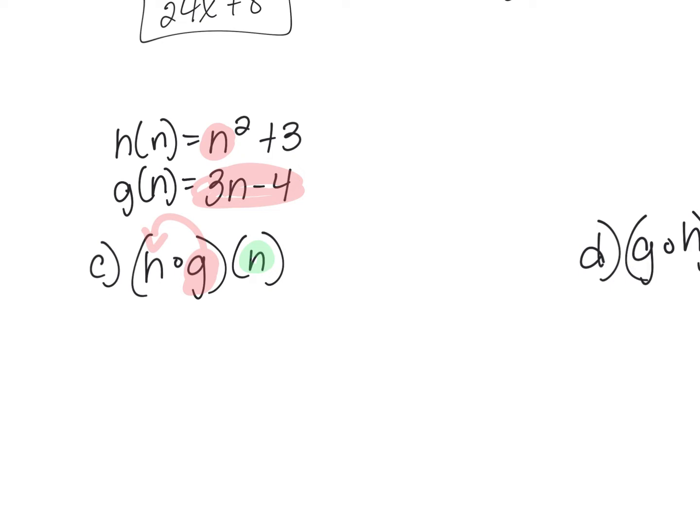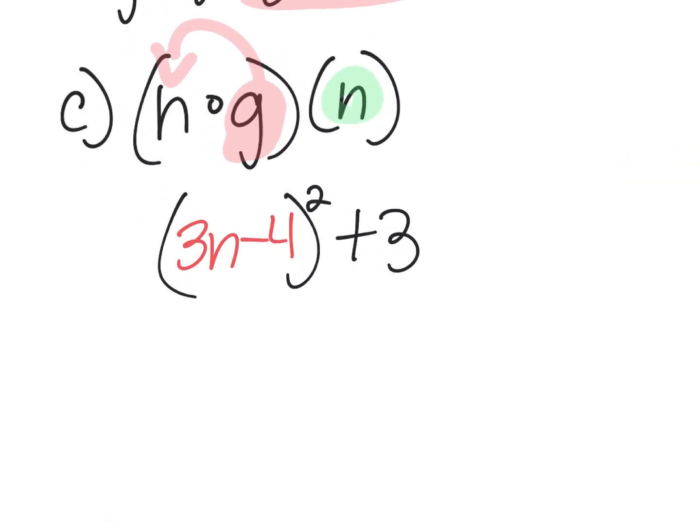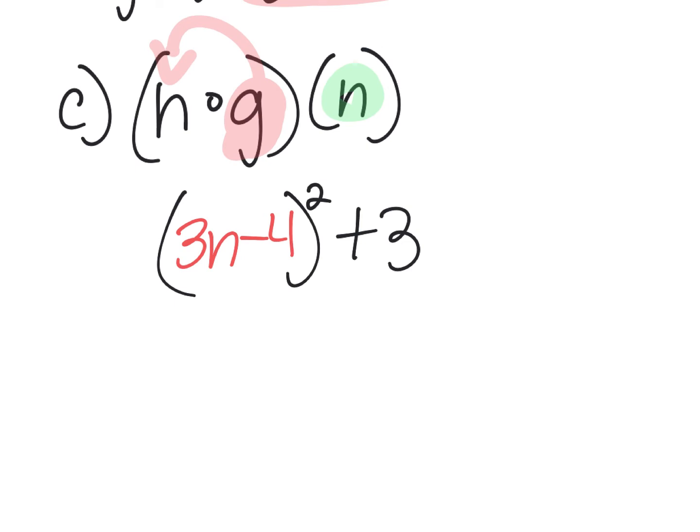So when I plug that in, it's going to be the 3n minus 4. And since in the h of n, the whole thing is being raised to the second power, I need to raise that to the second power. Okay, so now I'm ready to clean this up.